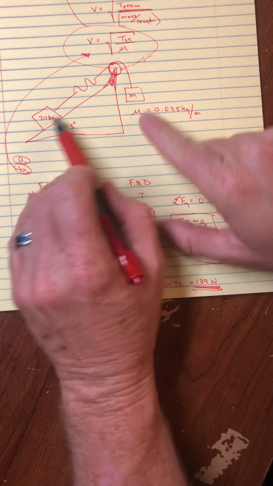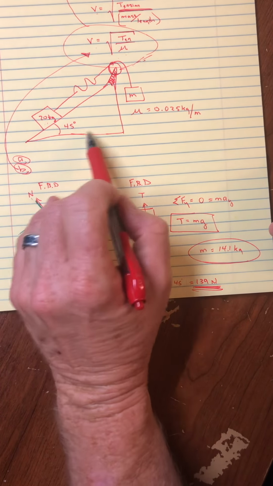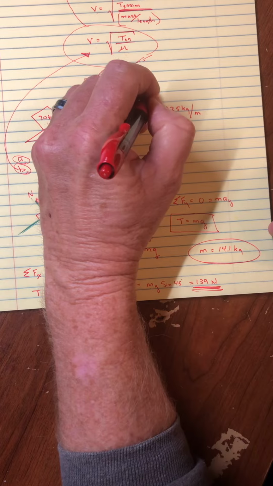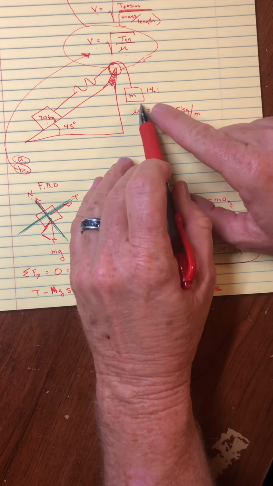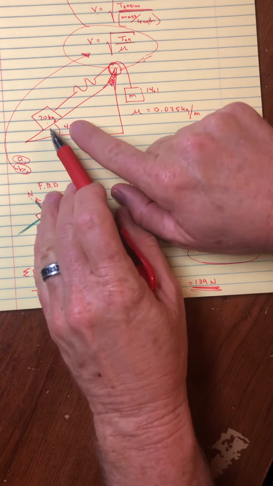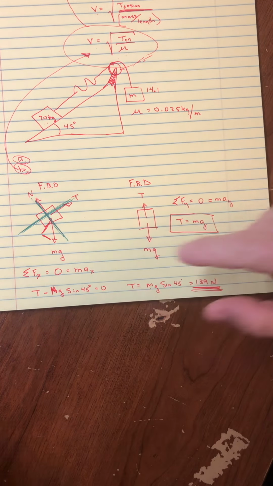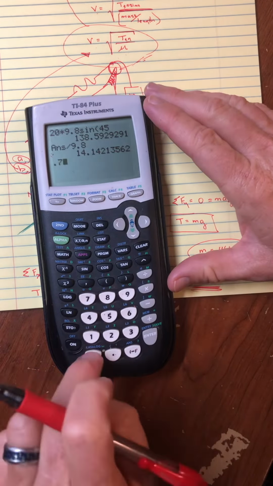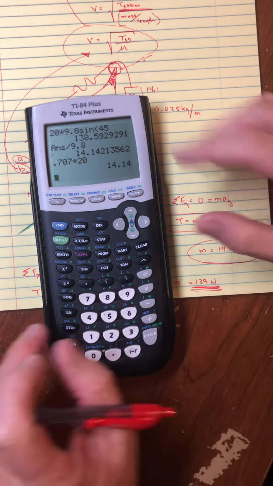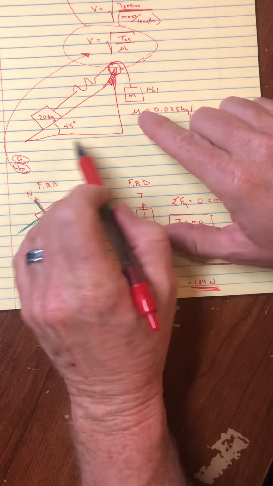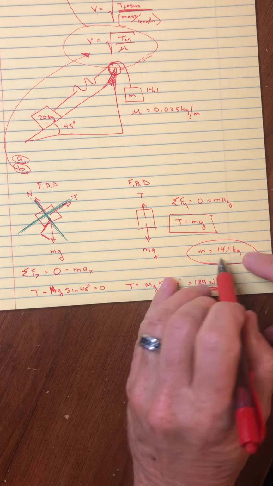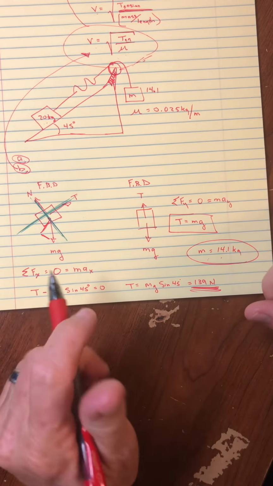We just say these have to balance. And so this side has 14.1. Notice it's a lower amount of kilograms because this is on an incline. And it's 45 degrees, so the short answer would be 0.707 times 20, yeah, and we get 14.1. So we know how much mass has to be there to balance it.